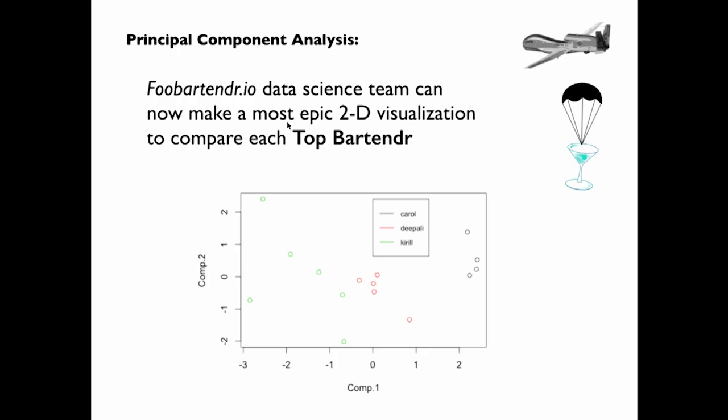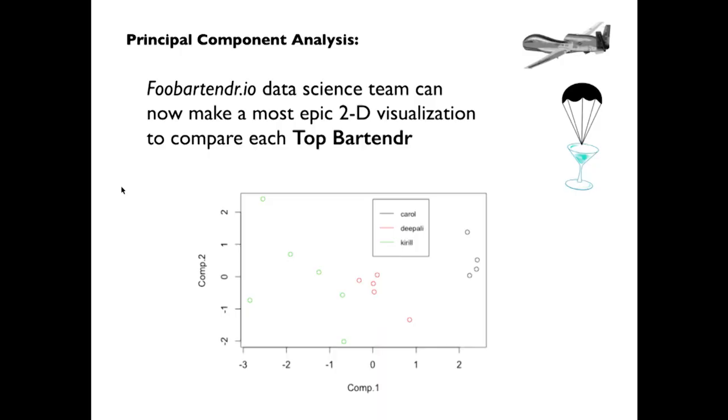You can see how they kind of cluster. And so this is a way of telling where are the scores relatively for each of these different top bartenders. And really, this is a way of clustering. You can kind of see that, well, all the Carol scores are clustered over there, and all the Kirill scores are, yeah, they're dispersed over here. DePauli is kind of in the middle. You start to get the idea that, yeah, Carol's doing pretty well.